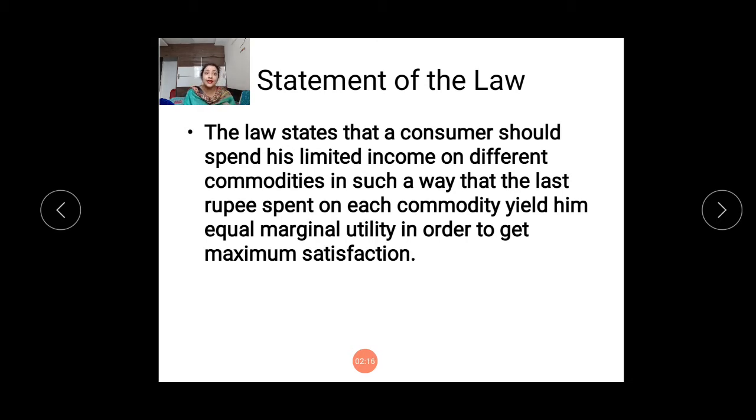And how can he get maximum satisfaction? When the last rupee he spends on each commodity gives him equal marginal utility. Now how is that expressed in terms of an algebraic equation? We'll see that further in this class.